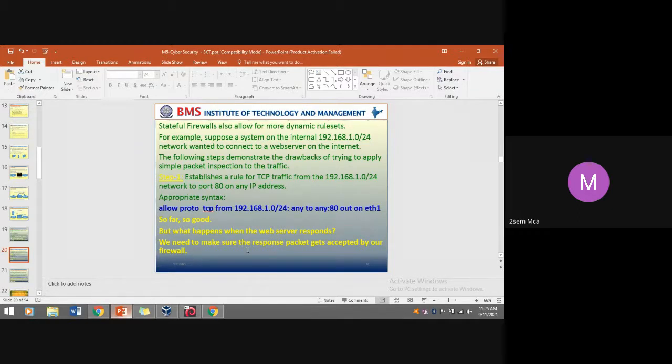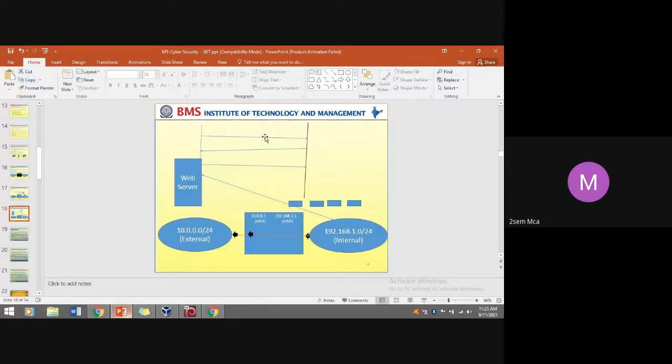We need to make sure the response packet gets accepted by our firewall. Once the response comes from the web server, our firewall has to get the response from the web server and pass that packet back to the internal network, to the computer which requested it.